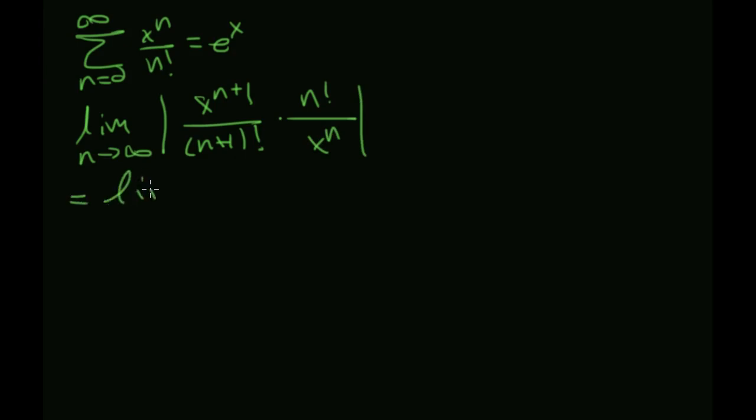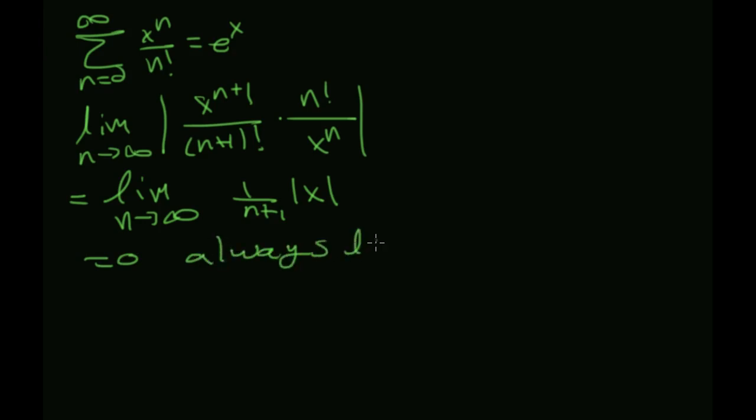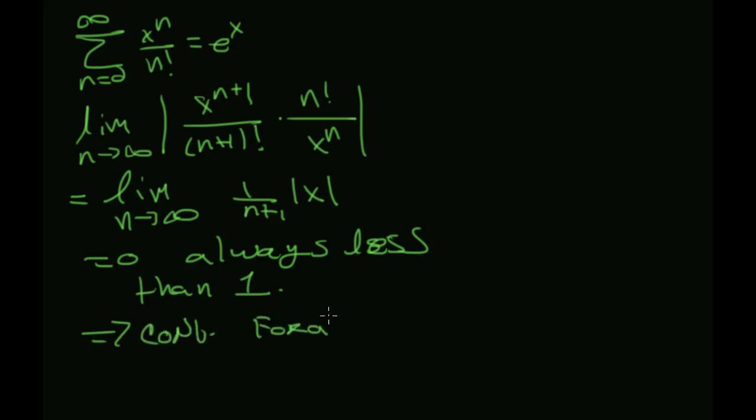This becomes the limit as n approaches infinity of 1 over n plus 1 times the absolute value of x, which goes to 0, which is always less than 1, which means this thing converges for all x values.